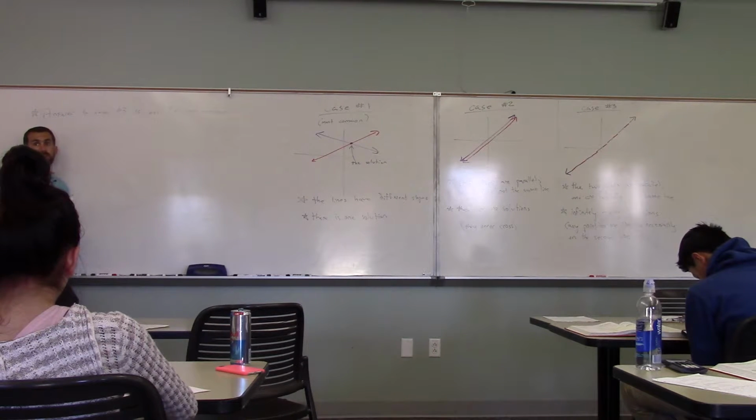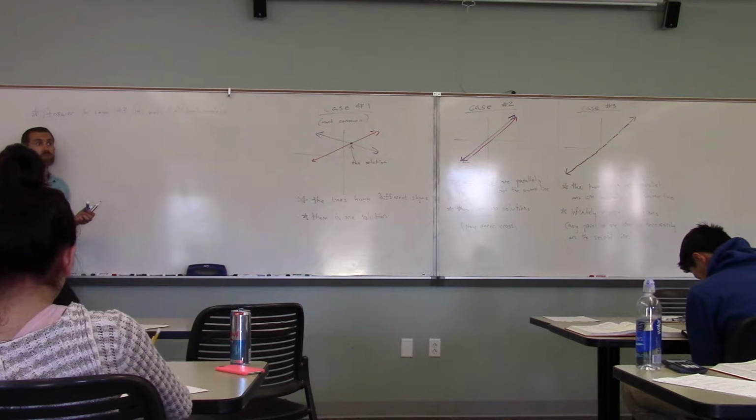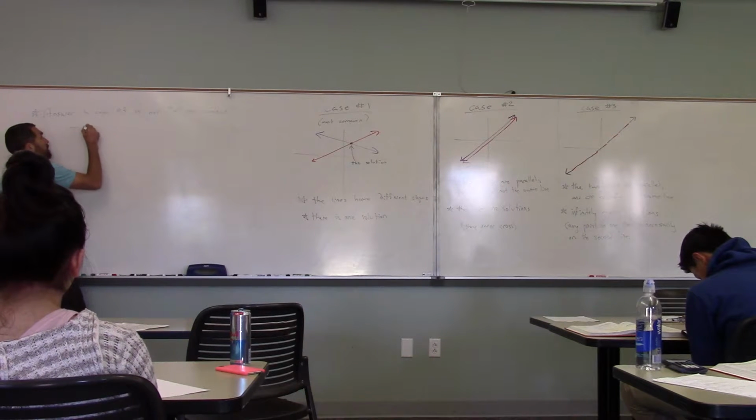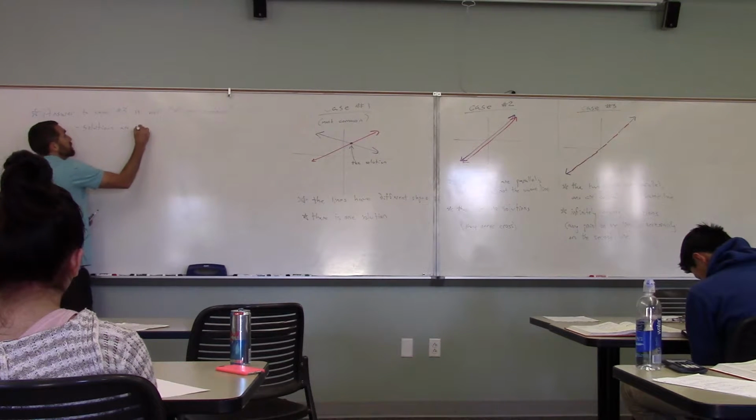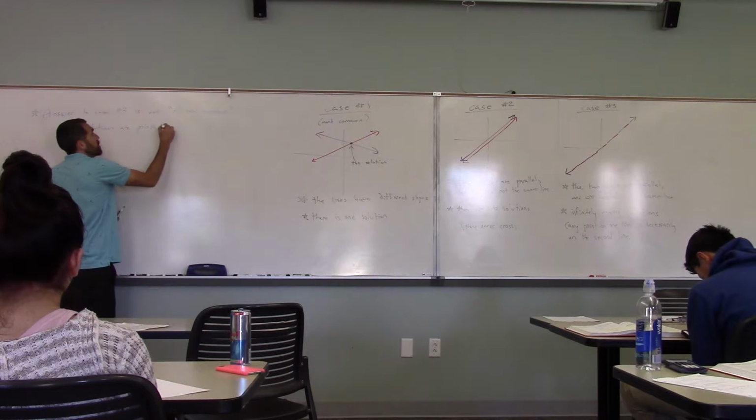One, we're not talking about numbers here, we're talking about points. So we're talking about an ordered pair, that's one reason. Second reason being, solutions are points on the line.